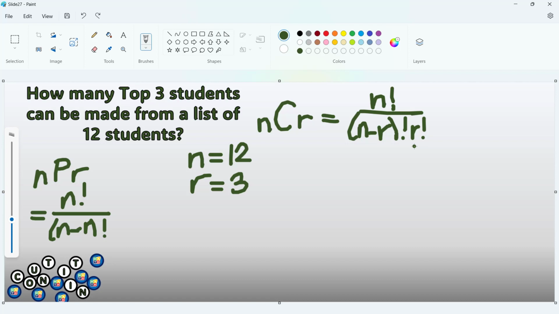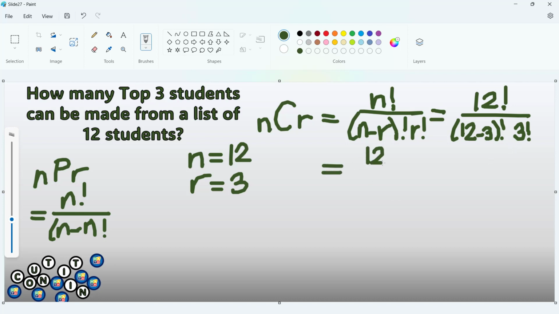So by simply plugging in the values, our n here is 12 factorial, to be divided by 12 minus 3 factorial, times our r, which is 3 factorial. So you would see 12 factorial over 12 minus 3, which is 9 factorial, times 3 factorial.